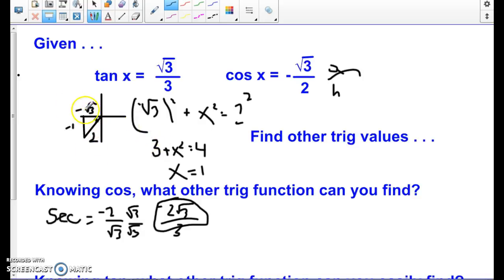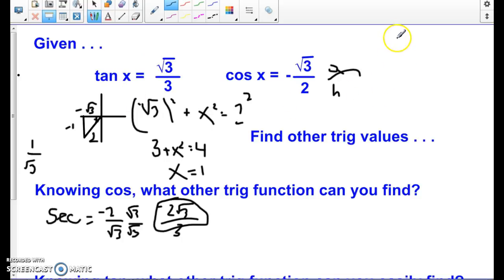So far, so good. Notice how this will help you with your tangent because it's opposite over adjacent. Negative over negative is a positive. 1 over root 3. You would rationalize the denominator, and you get exactly what you had up here in the tangent. So it all works out, but labeling using the tangent actually is far more confusing.